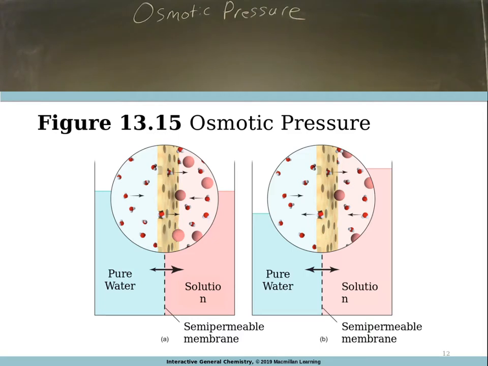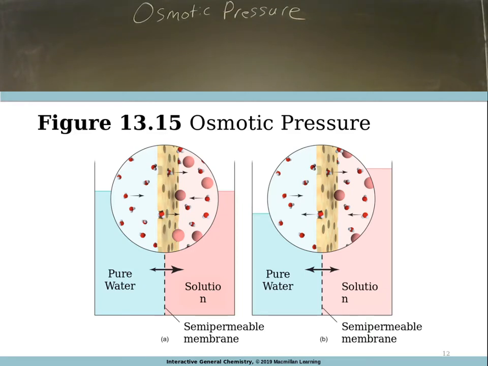And so at the beginning there is going to be a net flow of water from the pure side to the solution side. It's just a matter of the probability that a water molecule is going to pass through a pore on the left versus the probability that a water molecule is going to pass through a pore on the right. There's nothing more fancy about it than that.